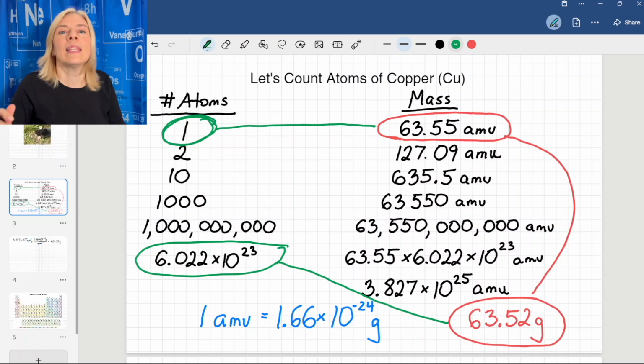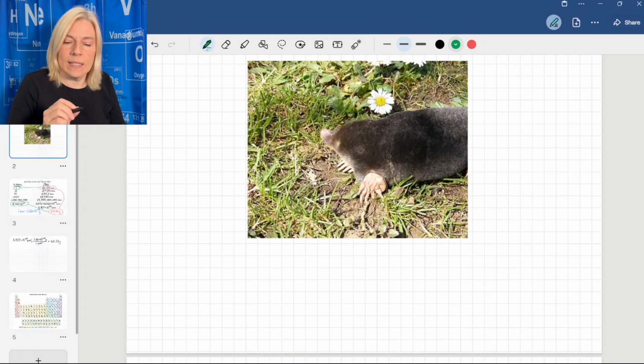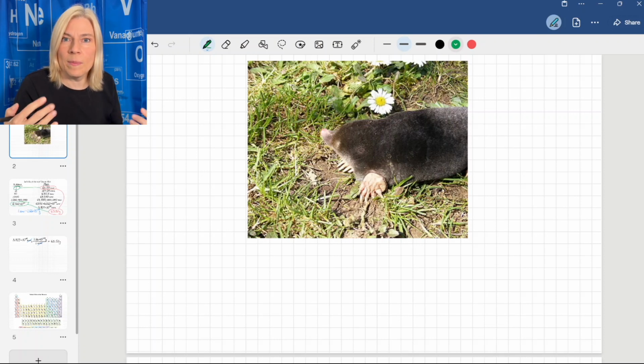AMUs and grams are not the same. They are very far apart. But just like a mole digs from point A to point B, our periodic table can now be seen in 2 different ways, and a mole helps us see it.